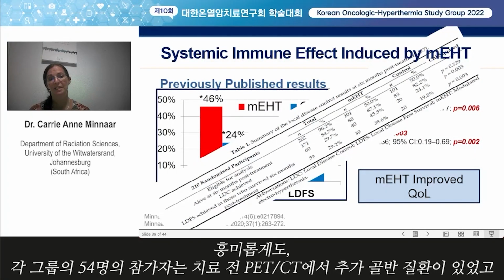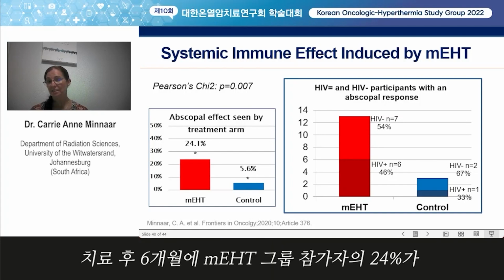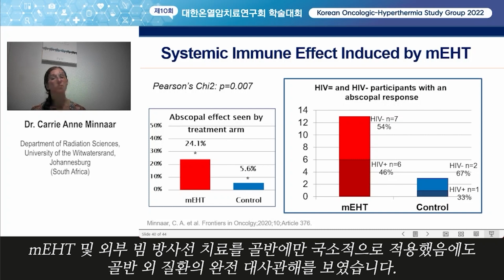What's interesting is that 54 participants in each group had extrapelvic disease on the pre-treatment PET-CT. And at 6 months post-treatment, 24% of the participants in the MEHT group showed a complete metabolic resolution of all disease, pelvic and extrapelvic, despite the MEHT and external beam radiation only having been applied locally to the pelvis, obviously.